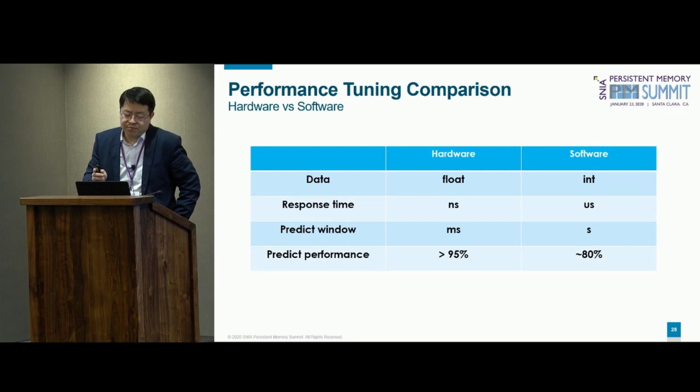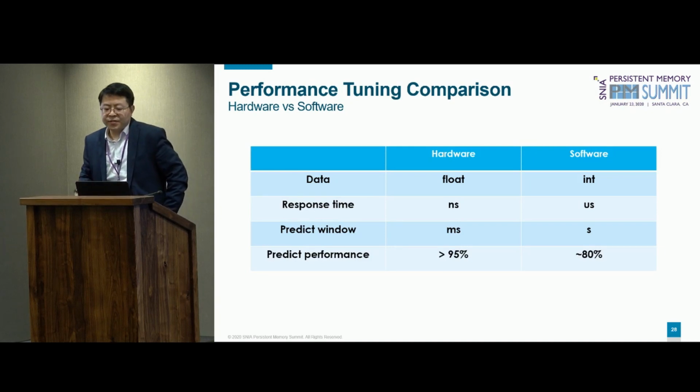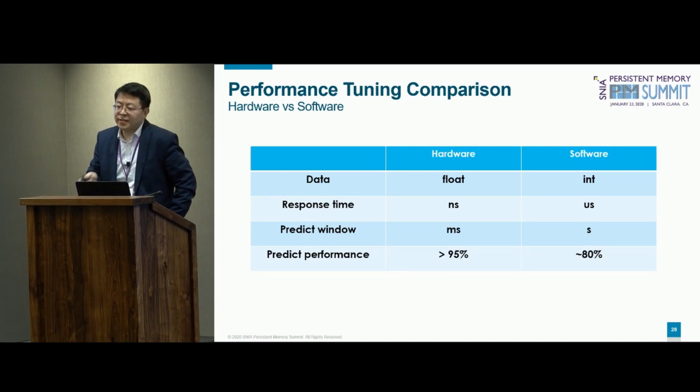And in predict performance, the hardware is better than the software. So for hardware, the next step for us is to have an ASIC test chip, including this IP, this year.